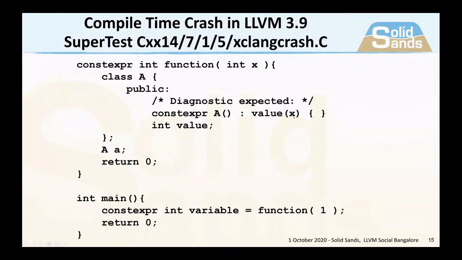So we developed this test because we expected the compiler to produce a diagnostic. Instead, by compiling this in LLVM 3.9, so it's quite old already, the compiler just crashed. And in terms of functional safety, like I said, this is no real issue because no program is being outputted by the compiler. So no wrong program can end up in the car.